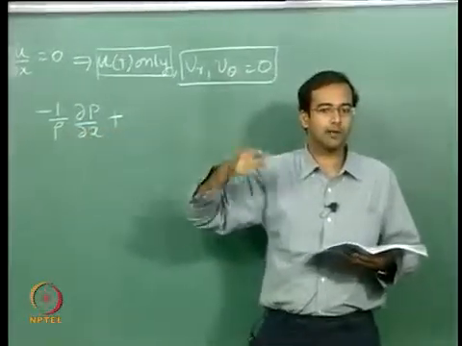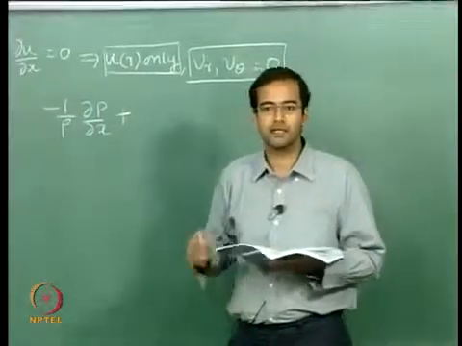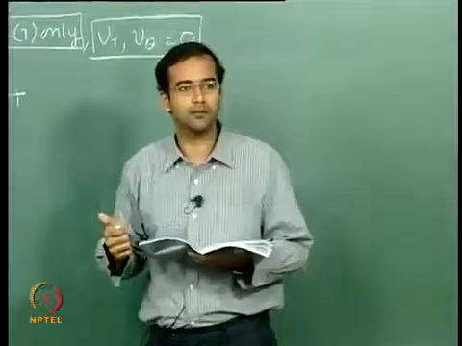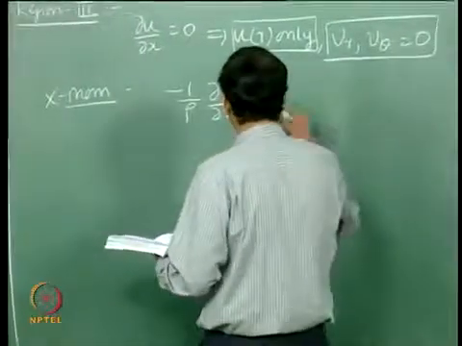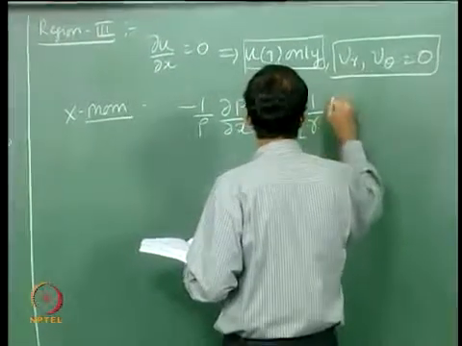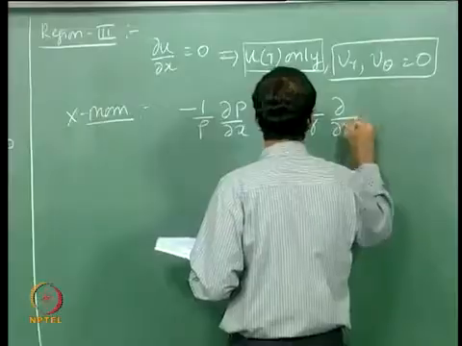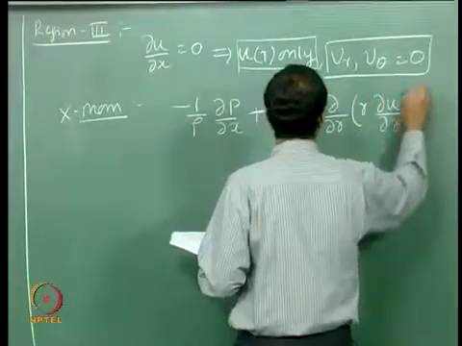So what is the only term which has to be included? The diffusion term due to the gradient with respect to r, right. That will be in the cylindrical system nu into 1 by r d by dr into r du by dr, right.